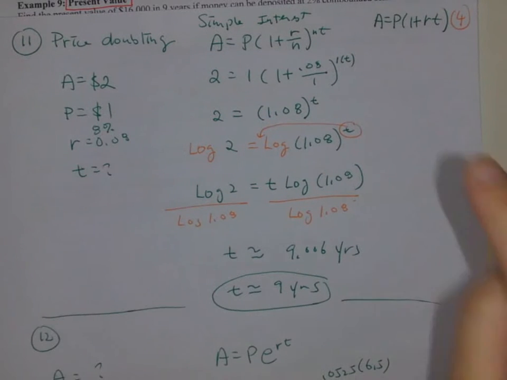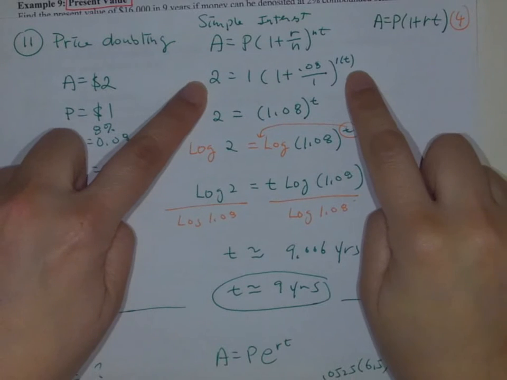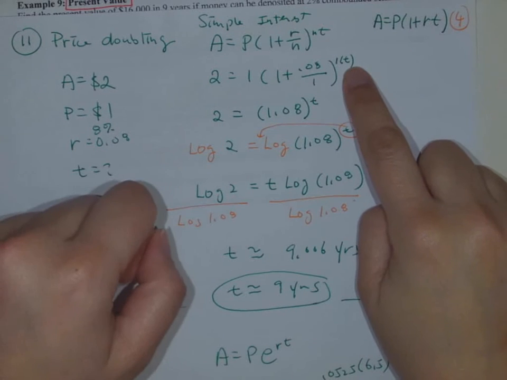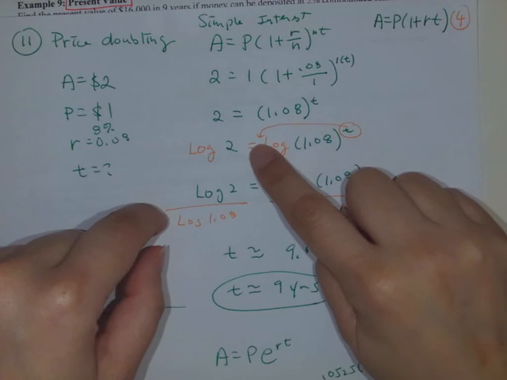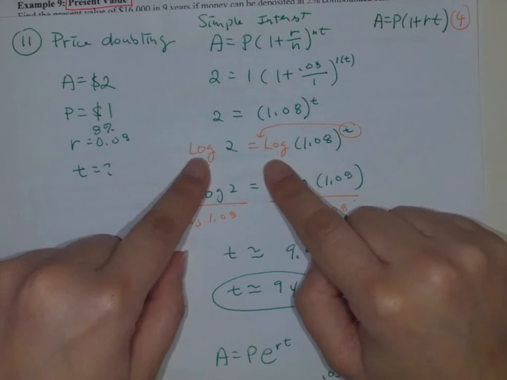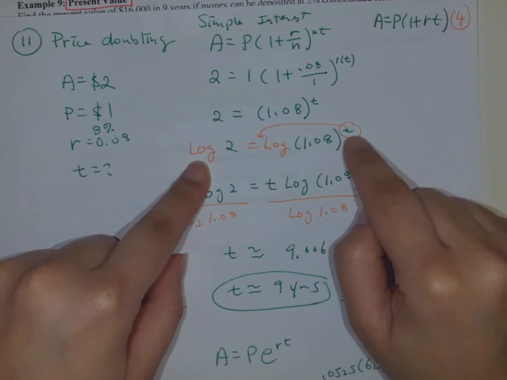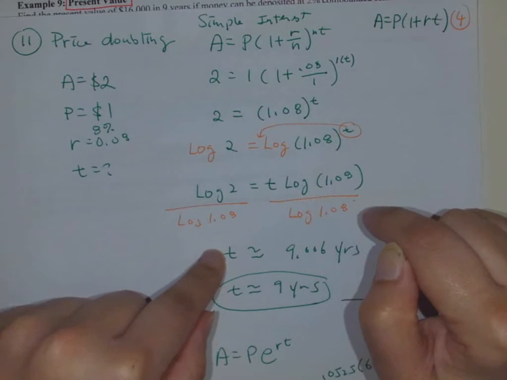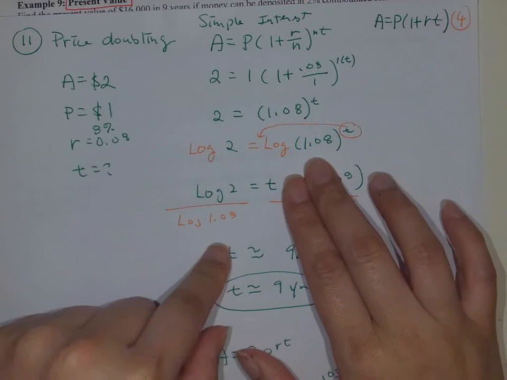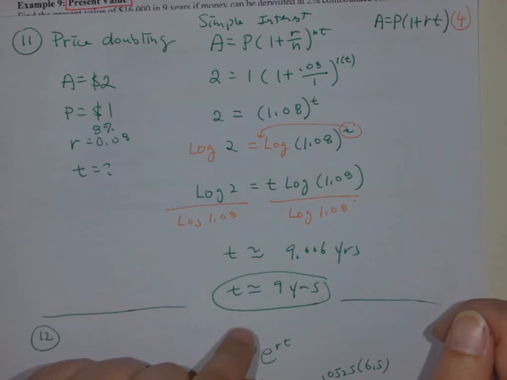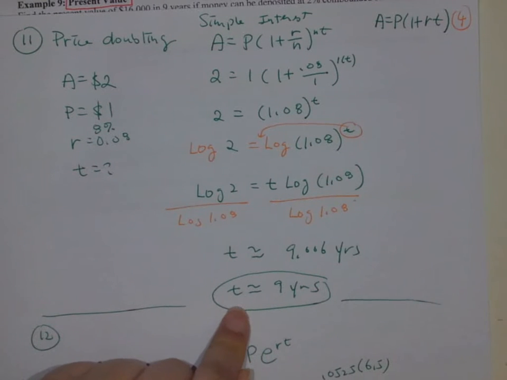And once you put in everything here, the thing you're solving is the exponent t up here. So at one point, you need to bring the t down by raising log to both sides. Once you have that, you can bring the exponents down, and then you can solve it by dividing both sides by everything except the t. So number 11, you will get 9 years.